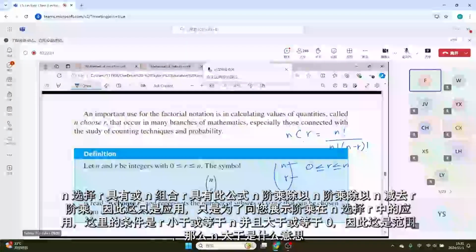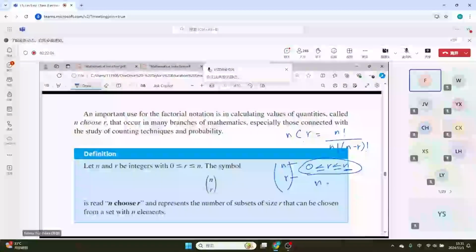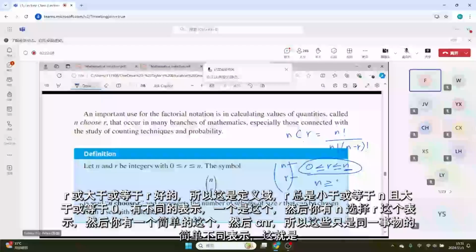So this is the range. What does it mean? That n is greater than or equal to R. So this is the domain, and R is always less than or equal to n and greater than or equal to 0.